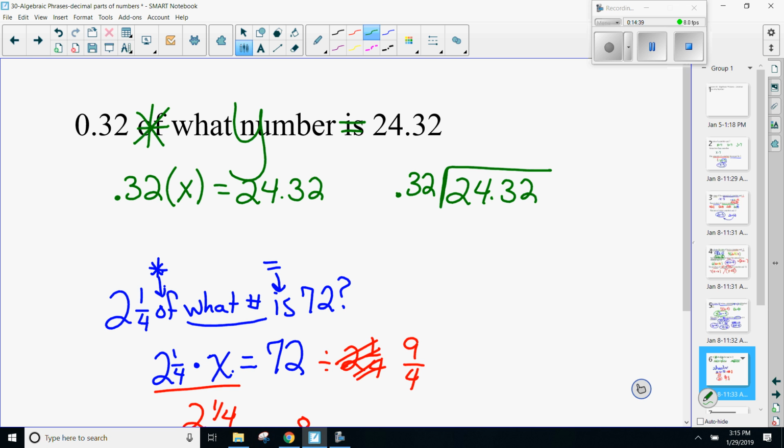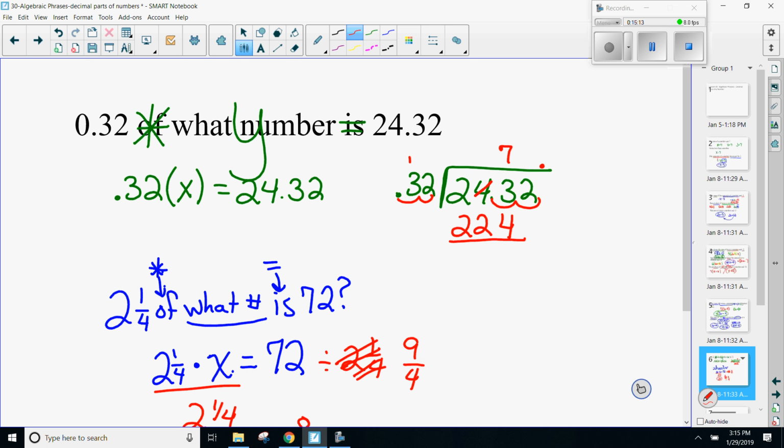Okay, who likes to divide decimals? We talk about a way. What's a way we can get rid of those decimals? And maybe I didn't. Okay, we'll divide by decimals here. Move your decimal point over 2 places in the divisor, so you have to move it over 2 places in the dividend. 32 goes into 243 how many times? 7. 7 times 2 is 14, and 7 times 3 is 21, plus 1 is 22.